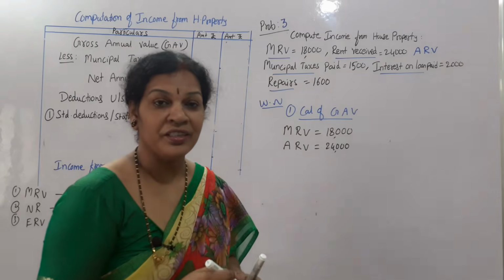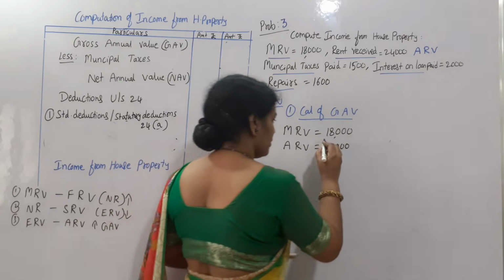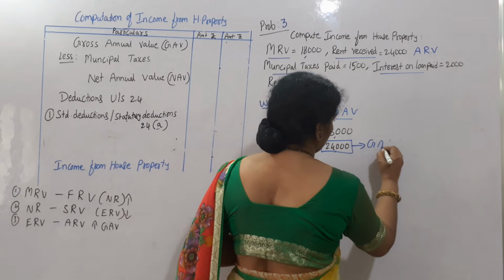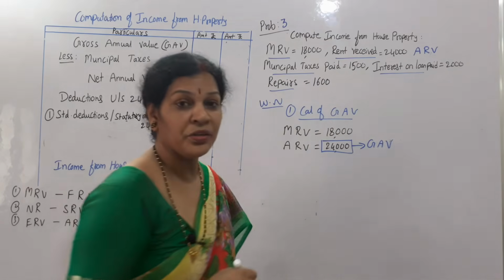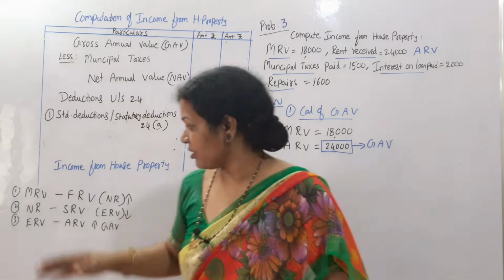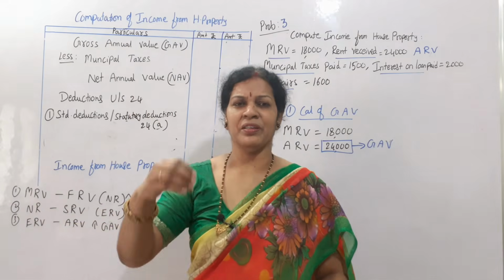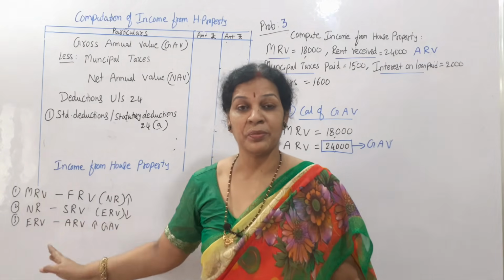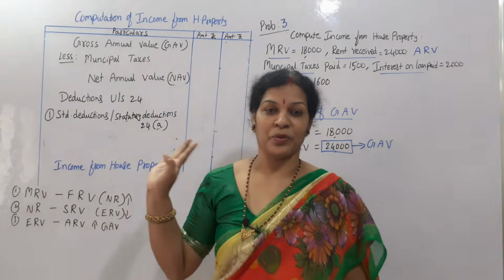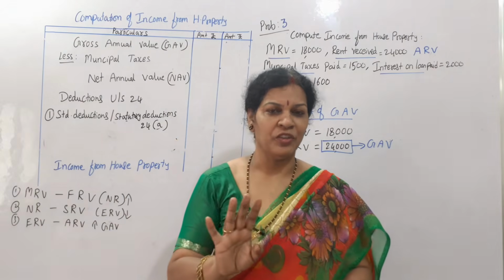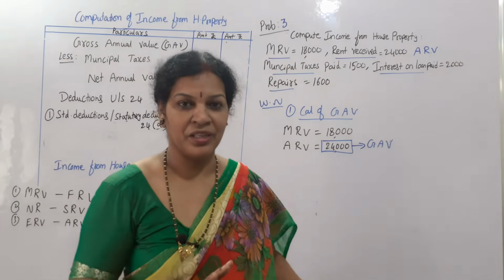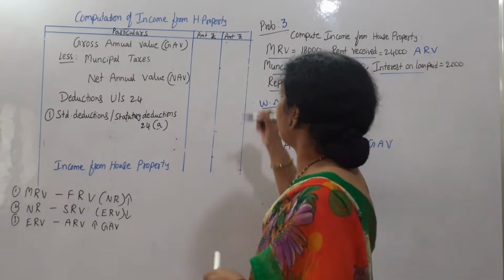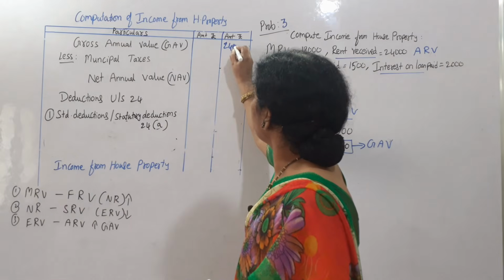Whichever is high, that is GAV. High in the sense this is 24,000. This is gross annual value. No need to go for these 3 steps because FRV is not given and standard rental value, SRV, is also not given. This is the speciality of this problem. If no information, only 2 information is there, whichever is high, that is GAV. GAV we got 24,000. So I'll write here 24,000.